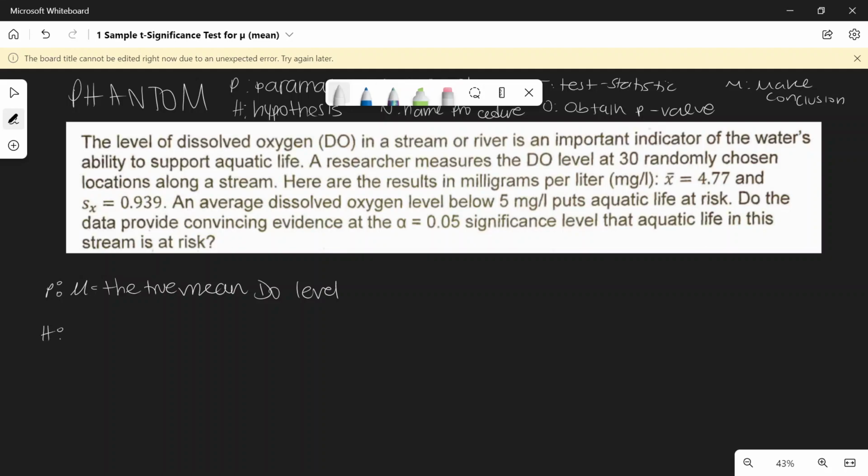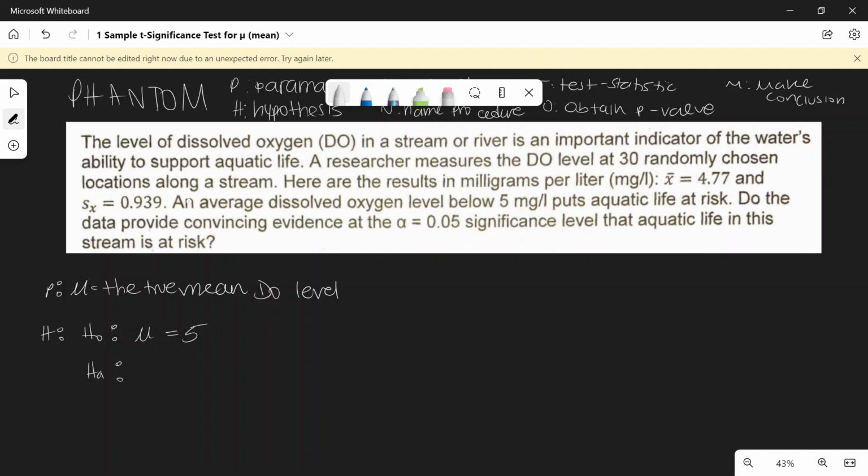Okay. And then our hypotheses, we have our null hypothesis and we have our alternative hypothesis. Our null hypothesis is basically what is known to be true unless proven wrong or otherwise. So in this case, our mu, our parameter, we're going to say that it's equal to 5, right?